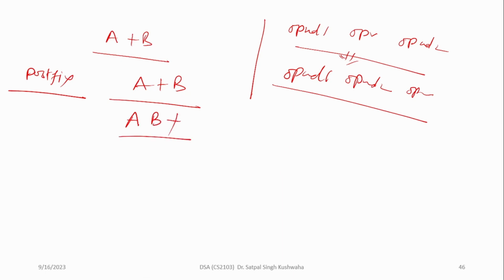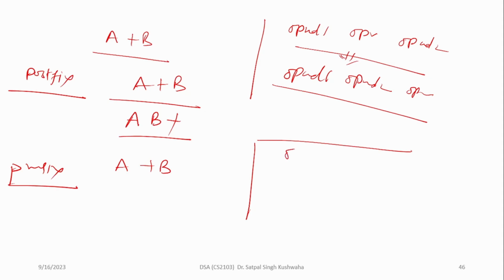If I want to convert it into prefix notation, I have this example a plus b. For the prefix, we have the rule: suppose the expression in infix form is operand 1, operator, operand 2.